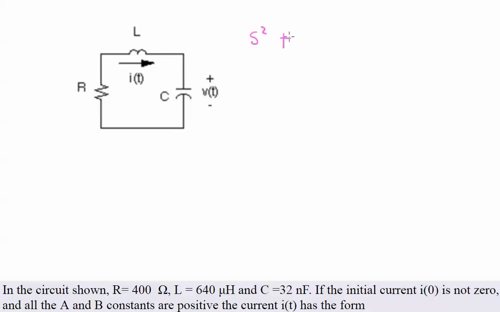S squared plus R over L S plus 1 over LC equals 0. Now, to find where this is 0, we just need the quadratic equation. We don't really have to memorize anything else. And let's just review it.